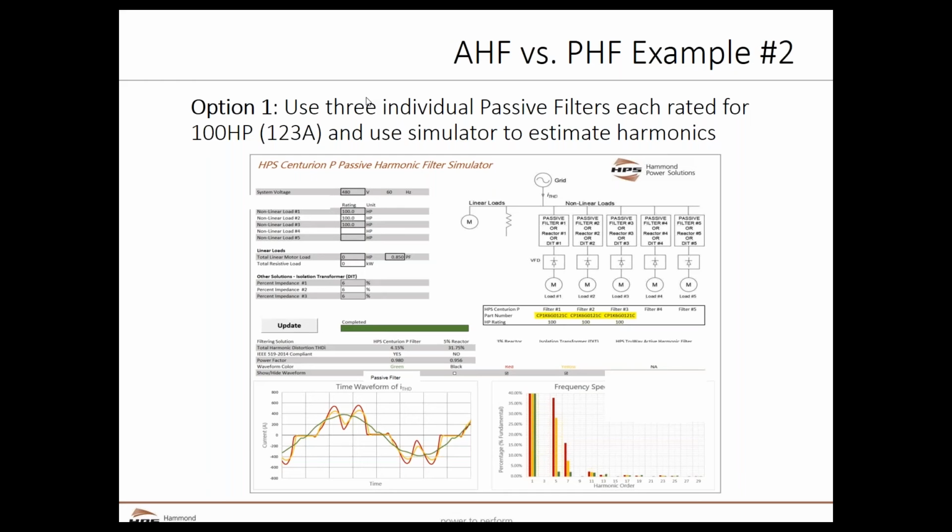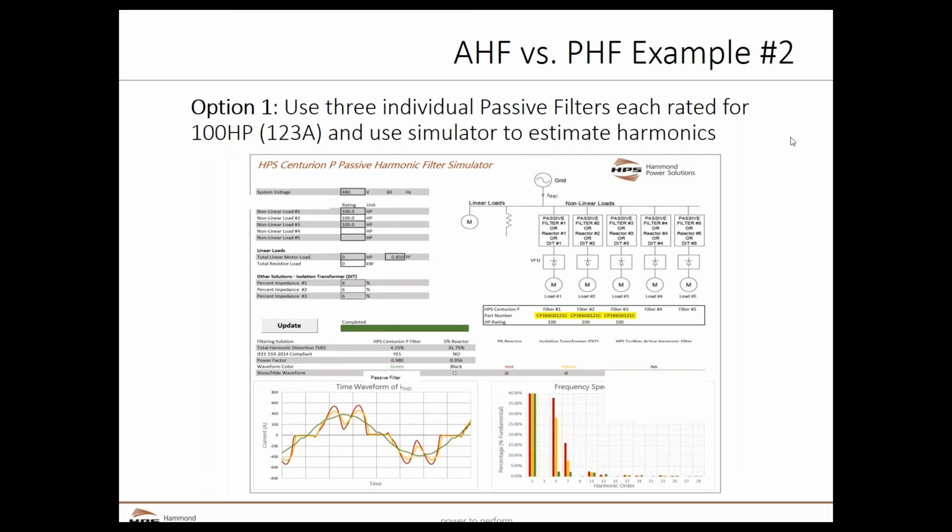And it also shows that with a 5% line reactor, you would have on the order of 32% current distortion. But if you introduce the passive filter, the current distortion is just over 4%. And in the lower right portion, there is a frequency spectrum which shows the percentage of current harmonics, the harmonic orders, and the percent of those harmonics.